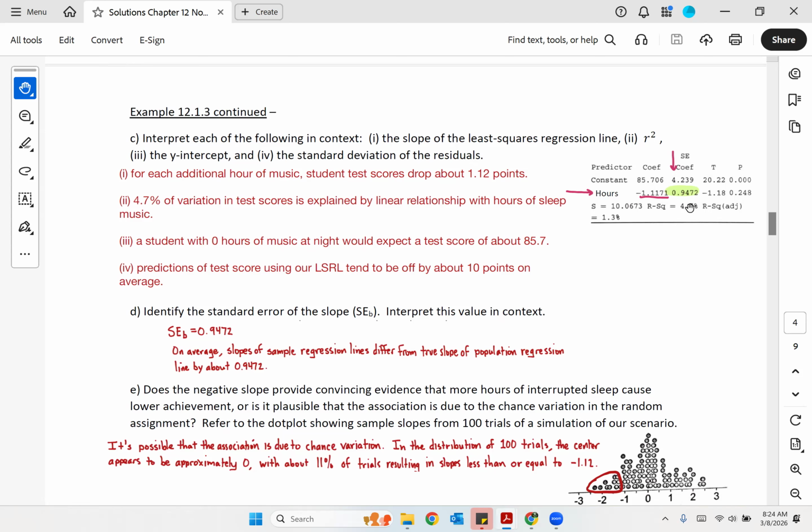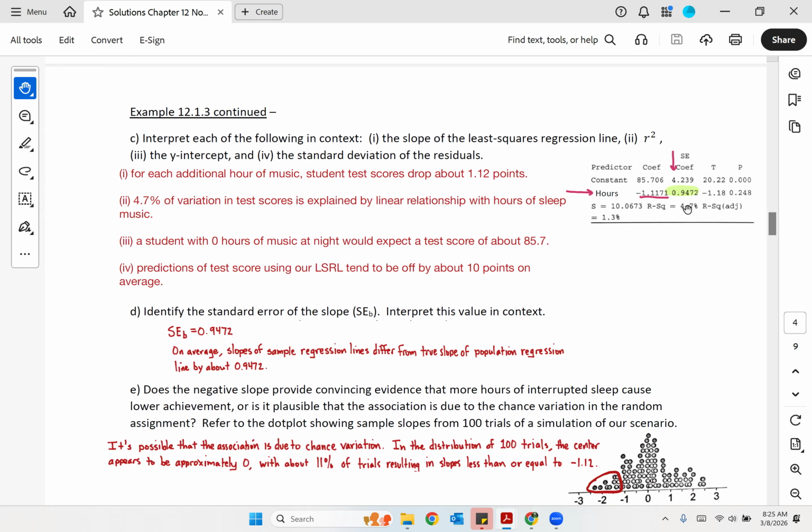But the SE coefficient here is meant to be the SEB or SB that was referred to in the reading or reading guide. This is specifically a measure of variation in the slopes. Whereas the first residual standard deviation was more variation in the y coordinate. This one is for slopes, which is a little bit more relevant for us in chapter 12.